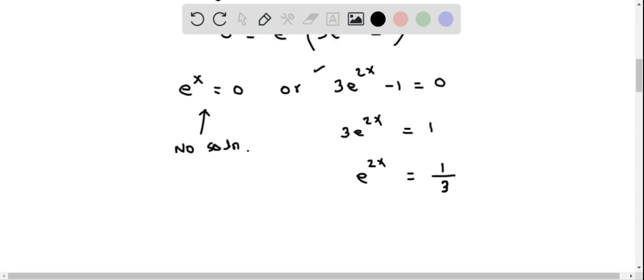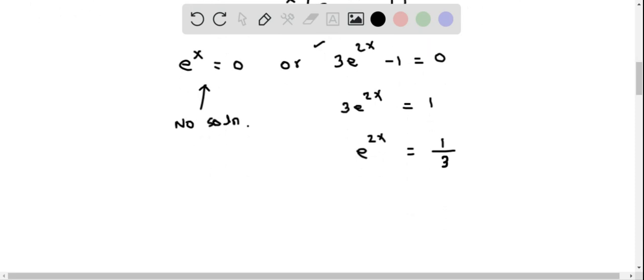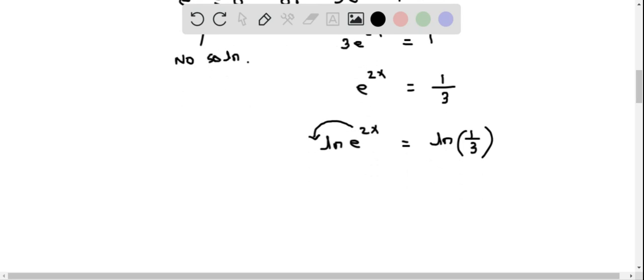To solve for x, we apply natural logarithm, that is natural logarithm of e raised to the power of 2x equals natural logarithm of 1/3. Now using the power rule of natural logarithm, we can bring this power in front. So therefore this becomes 2x times natural logarithm of e, and this equals natural logarithm of 1/3.